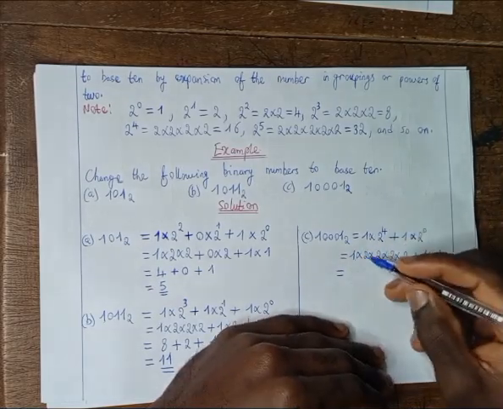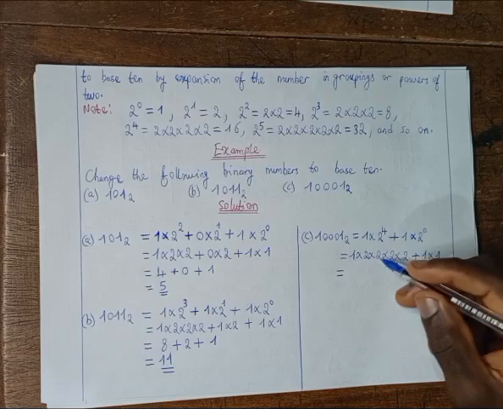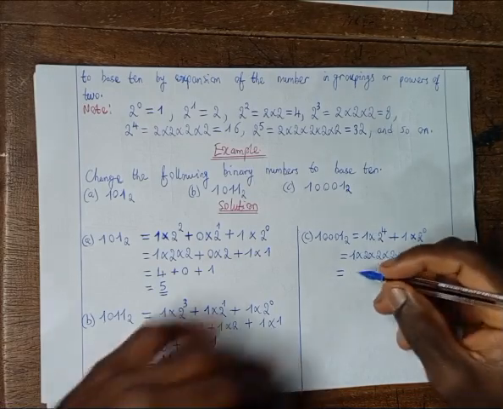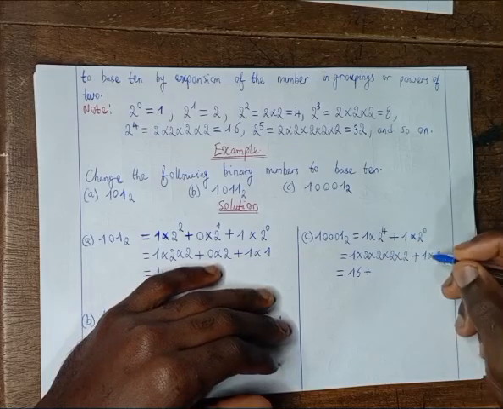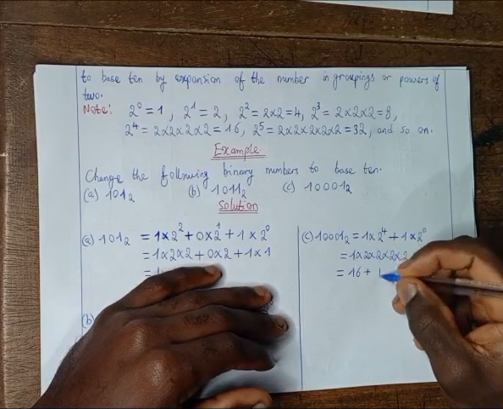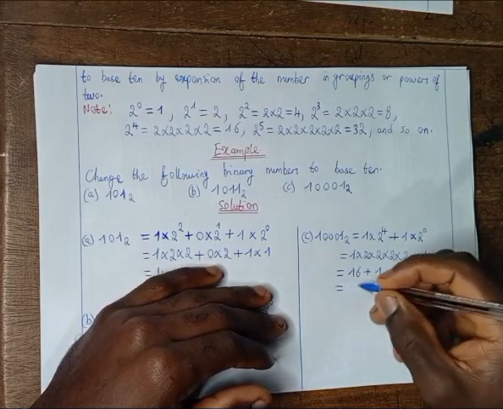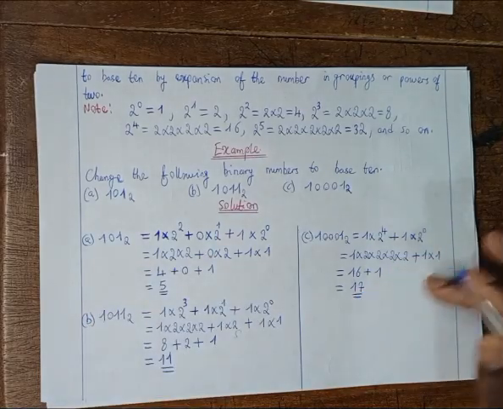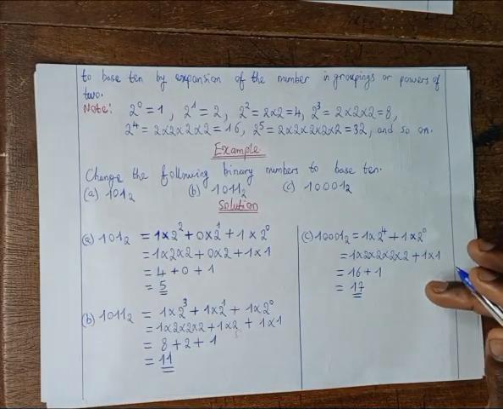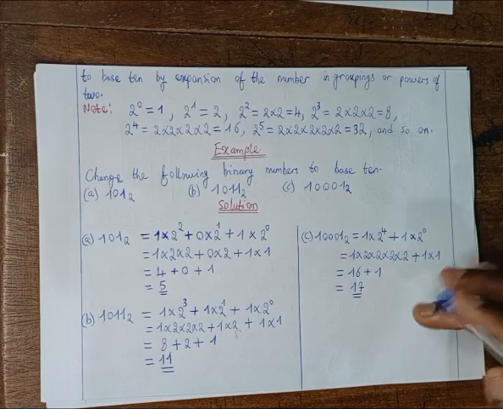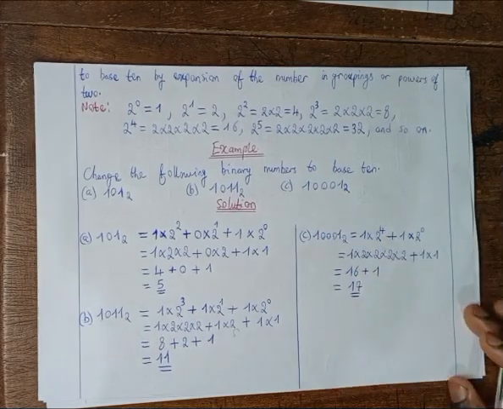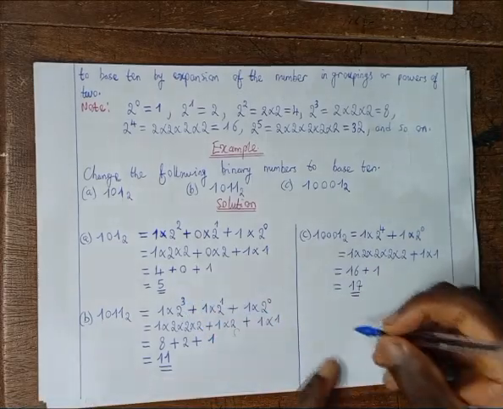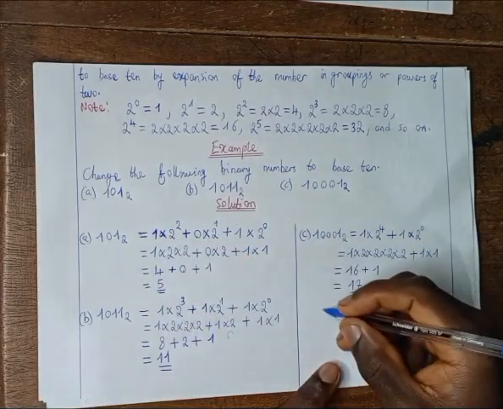So 2, 4, 8, 16, plus 1 times 1 gives us 1. 16 plus 1 gives us 17. This simply means the number 17 in base 10. When you convert this number to base 2, you obtain 10001.